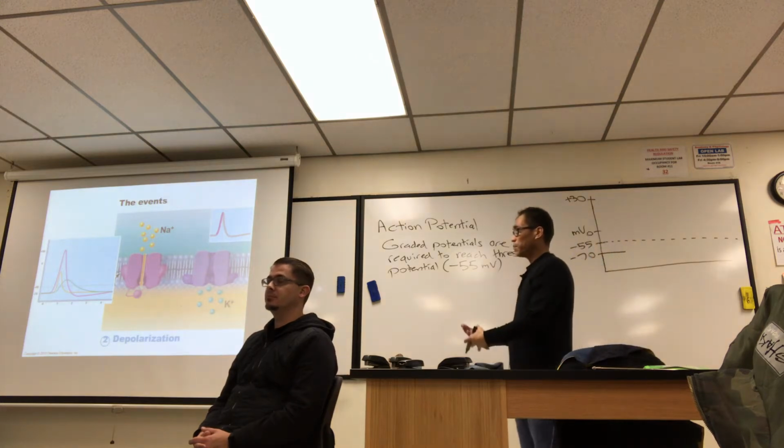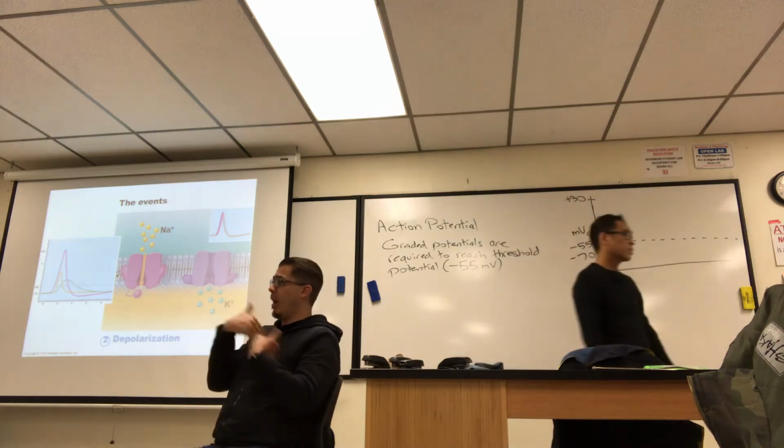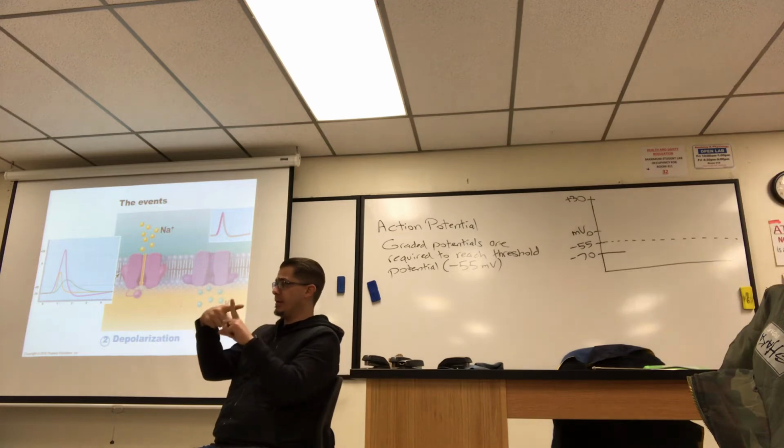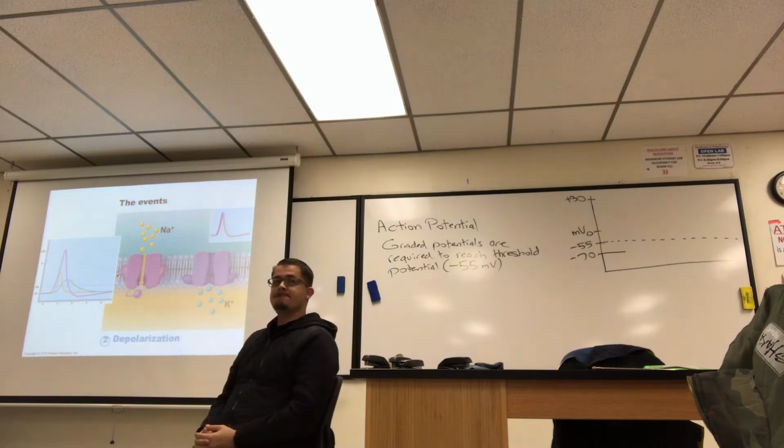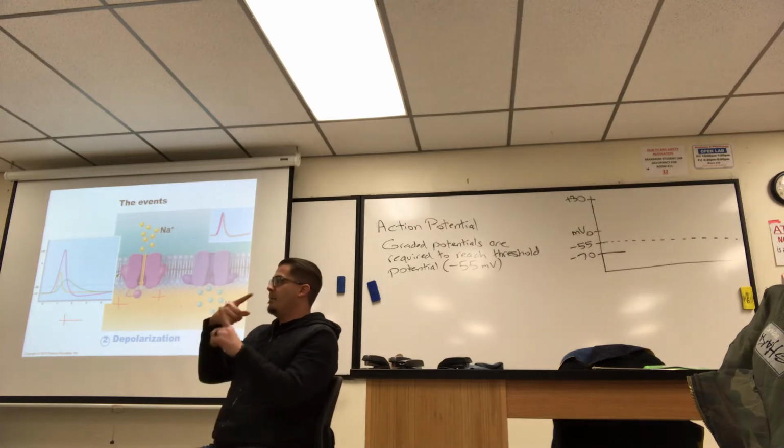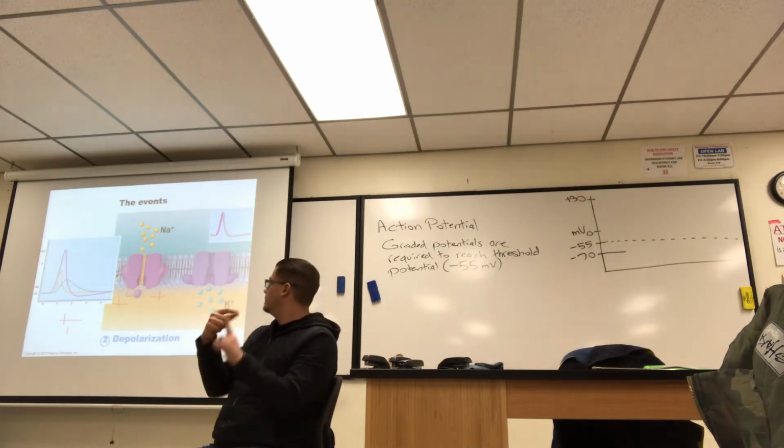There's enough positive charge to open the gate. Let me see if I can do it. I usually don't use this tool, but I'll draw a positive charge. Maybe the positive charges were here. Those look like positive charges.